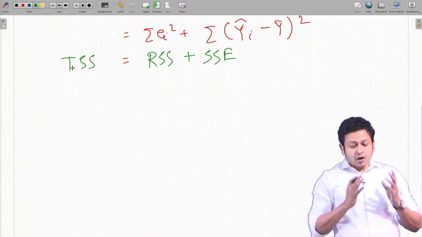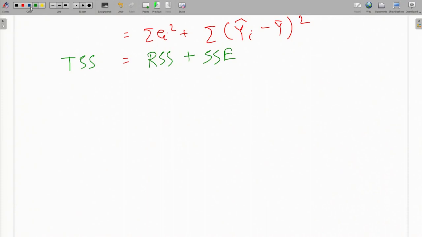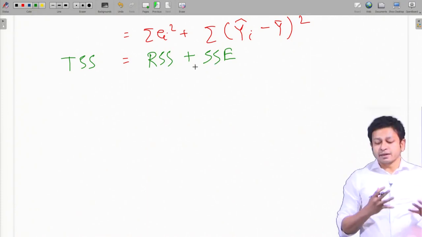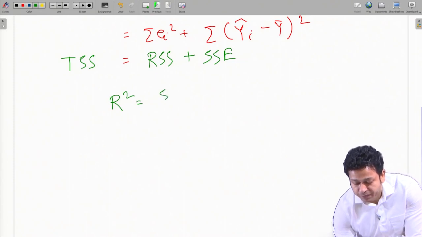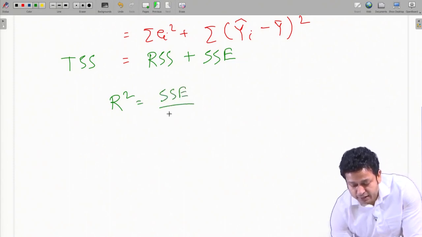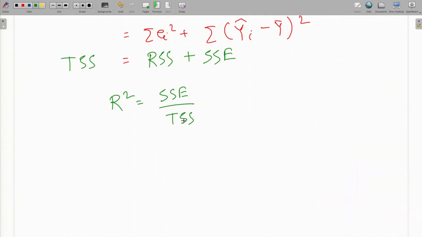And when I talk about R square, we know the definition of R square. R square is nothing but the portion of the error which is explained by your model. So, essentially R square is equal to SSE by TSS. Or alternatively, R square is equal to 1 minus what is not explained, which means 1 minus RSS by TSS, where RSS is nothing but summation of ei square.